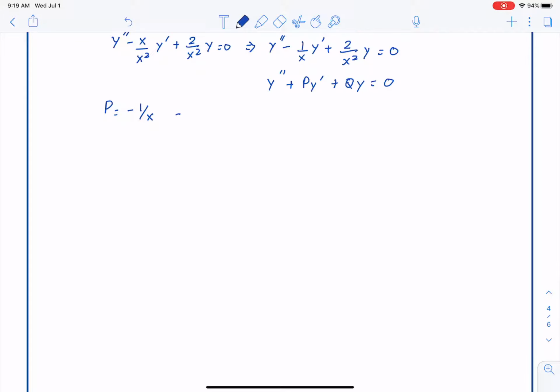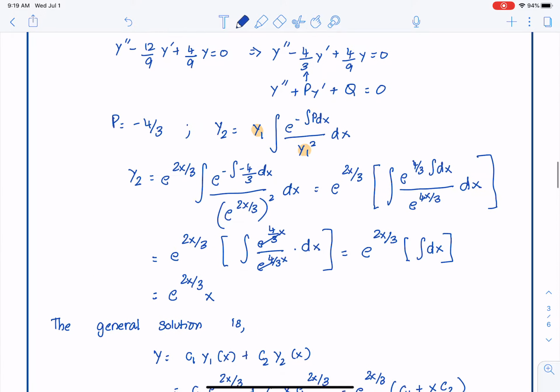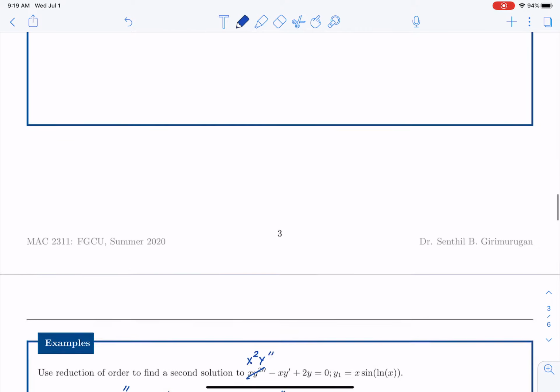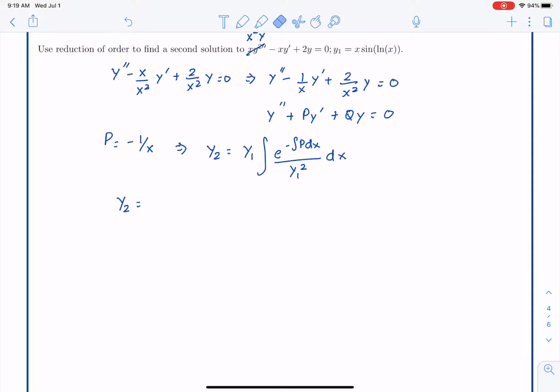And the second solution would be y2 equals y1 integral e raised negative integral p dx divided by y1 squared dx.